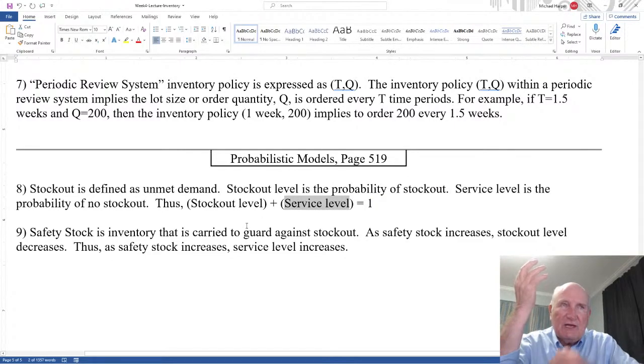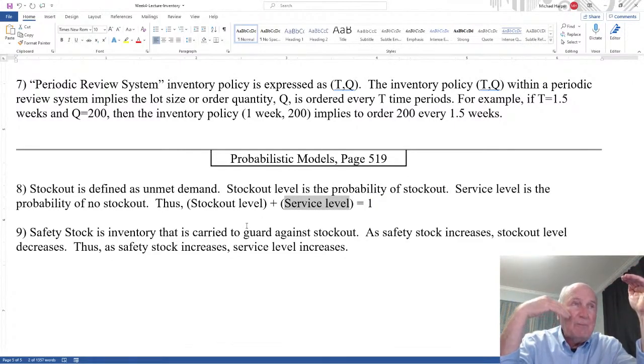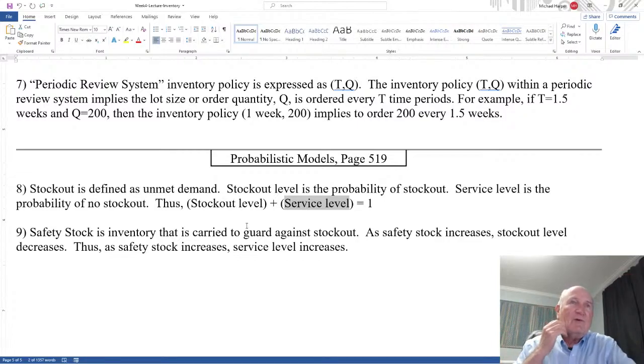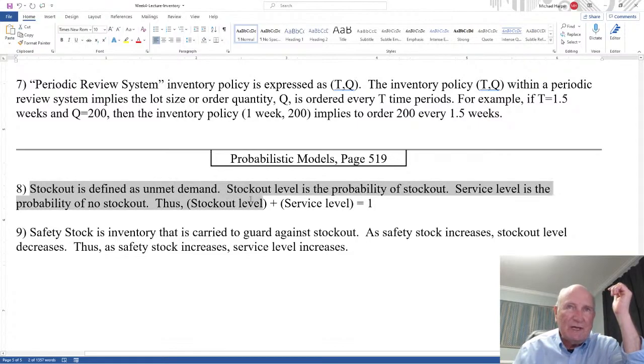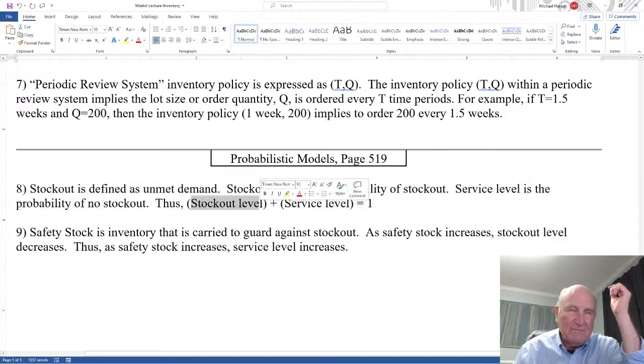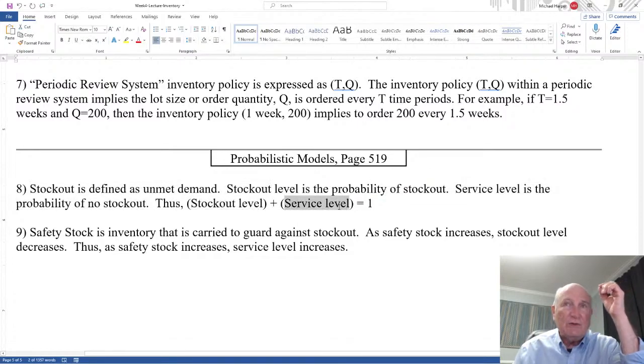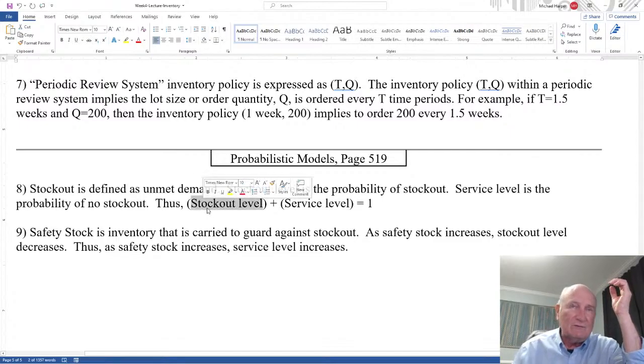The other is your service level. You want a high service level, but maintain a low cost. Therefore, the stockout cost could be extremely high if the service level is low and the stockout level is high. So you want a high service level and a low stockout level.